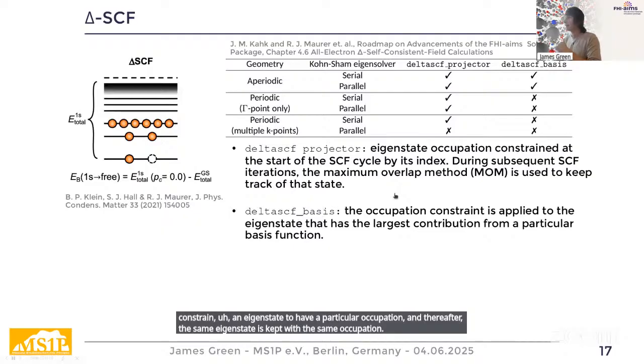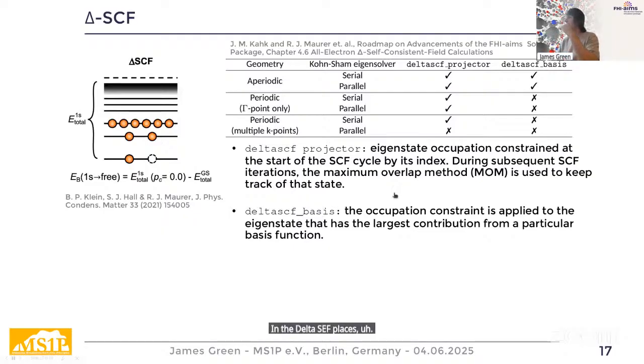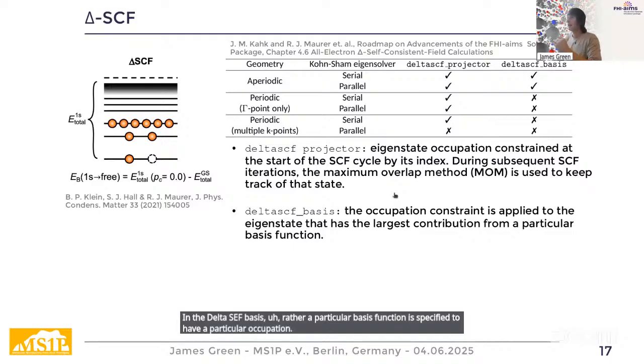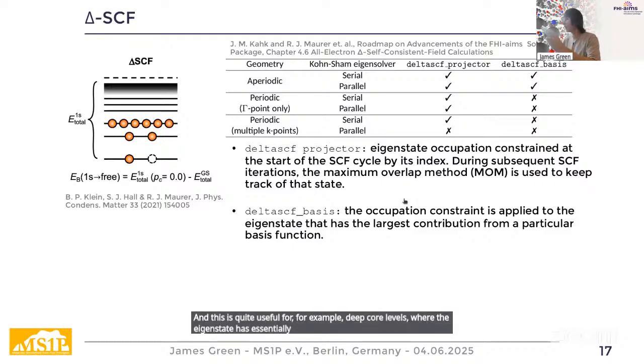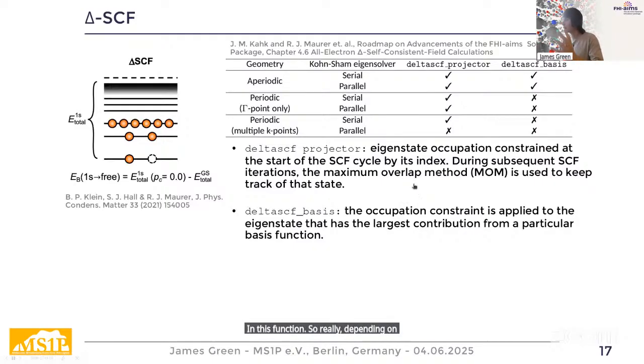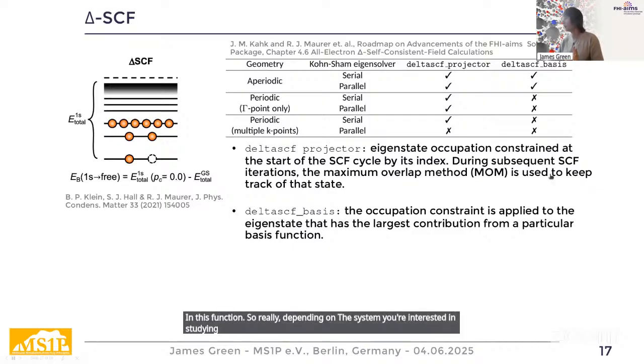In the delta SCF basis, rather a particular basis function is specified to have a particular occupation, and this is quite useful for example for deep core levels, where the eigenstate has essentially contribution from just one basis function. So really, depending on the system you're interested in studying, you choose one or the other of these keywords.